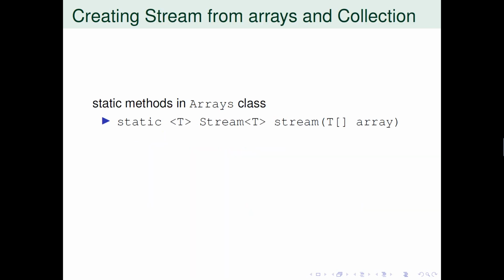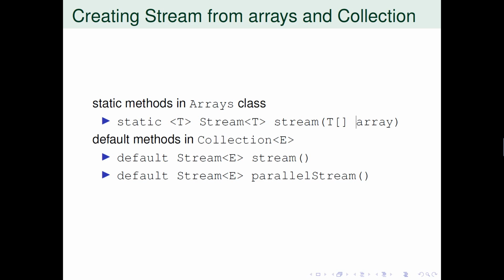Even in the Arrays class, you have a static method. If there is an array, you can convert the elements of the array into a stream. Of course, we saw the method called of also, that could be used. So Stream.of, or Arrays.stream, and give an array. In both cases, you will be passing an array.